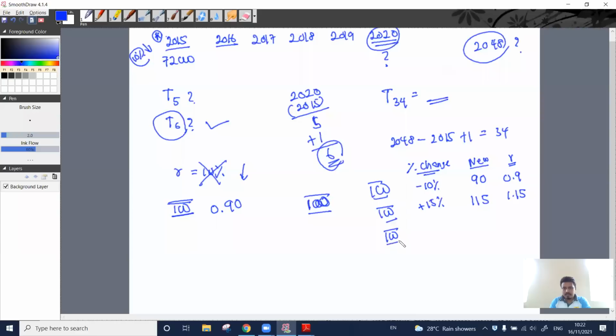If there is a 20% decrease, 100 minus 20 is 80. So the common ratio is 0.8. If there is an increase of 120%, what is the new value? 100 plus 120 is 220. Common ratio is 2.2.